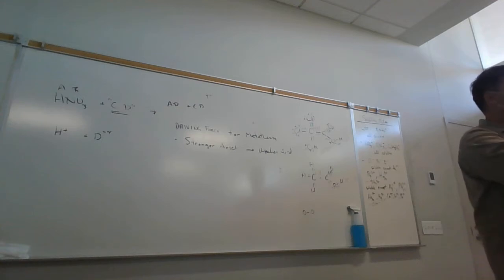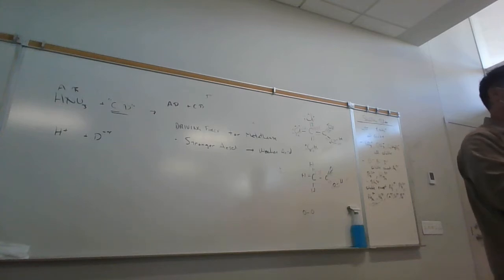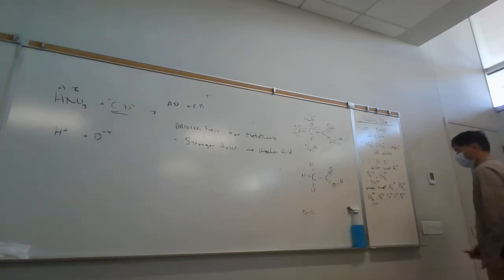Whereas hydrogen only has 1 proton and 1 electron in 1s. This is Coulomb's law: 1 proton, positive 1, 1 electron, negative 1. With 2 protons, positive 2, and electron negative 1, positive 2 gives a stronger Coulombic attraction, so it's going to be smaller and more dense.